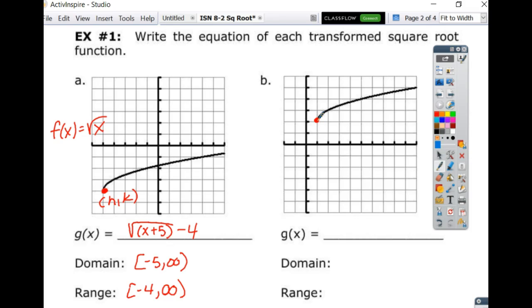Fill in the domain and range also. So check yourself and see if you got the right answer.